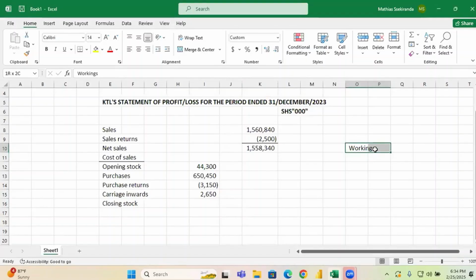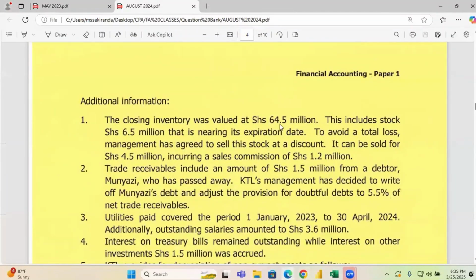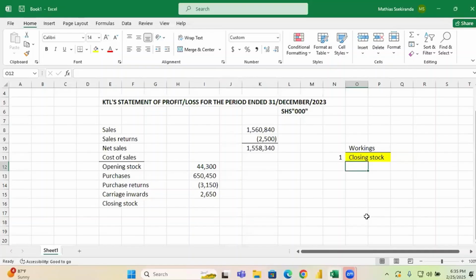So I have my workings here, and in working number 1, I'll ascertain the closing stock. What is the value of the closing stock that I should take in the profit or loss statement? They have told us that closing stock is 64.5, balance as per notes.